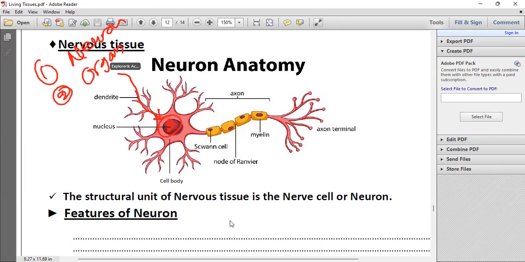In this case, this organ becomes a sensory organ, right? You know there are 5 sense organs: eyes, ears, nose, tongue, and the skin. So a neuron can receive impulses from two things, either from another neuron or else from a sensory organ.